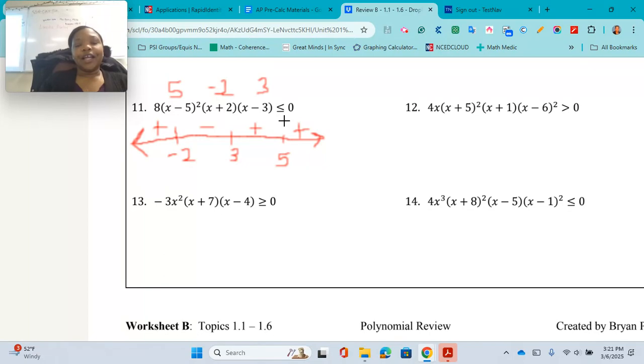All right? And we're also including the 0, so let's not forget that either. We're talking about the negatives and we're including our zeros, so that is bracket -2, comma 3.